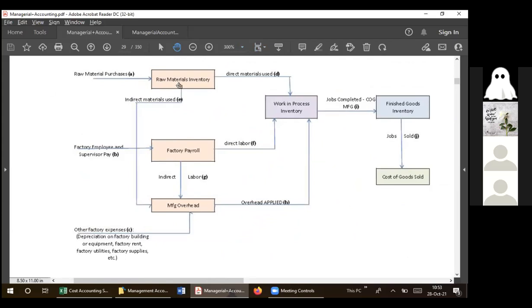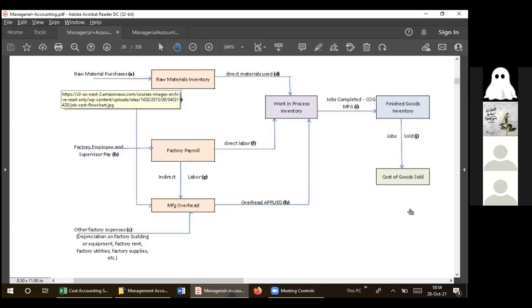So we have our 3 heads here. That is raw material inventory, the direct material that we use. Then the factory payroll is the direct labor used. And then there are manufacturing overheads. All of these 3 add into the work in process inventory. When the process is going on, your raw material is involved, your labor is involved, and other expenses or overheads applied to it are also involved. All of them work together to complete the job and thus create the finished inventory.